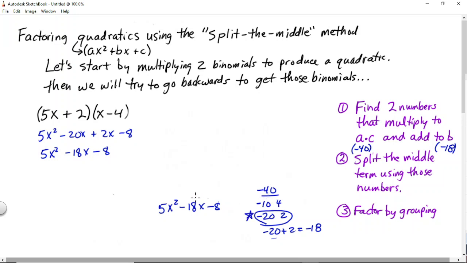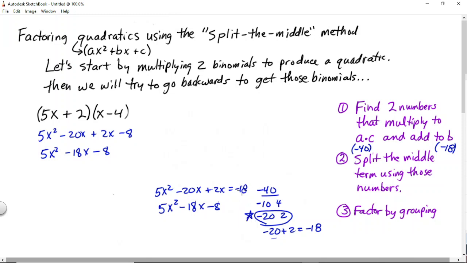They're right here. So we split the middle term. So of course we put x with those numbers, right? That's what we mean by splitting this out. It's negative 18x, but we are writing it as negative 20x plus 2x, because that does add to negative 18x, of course.